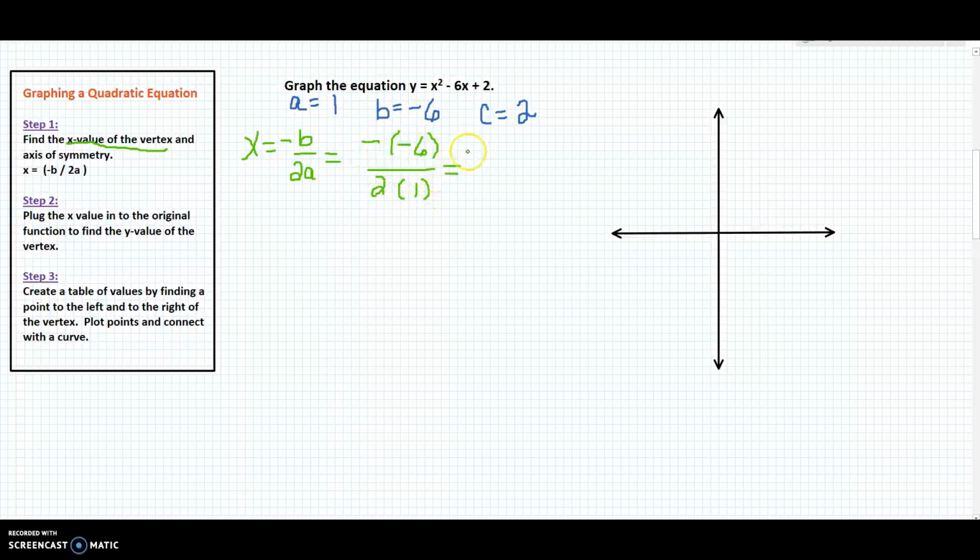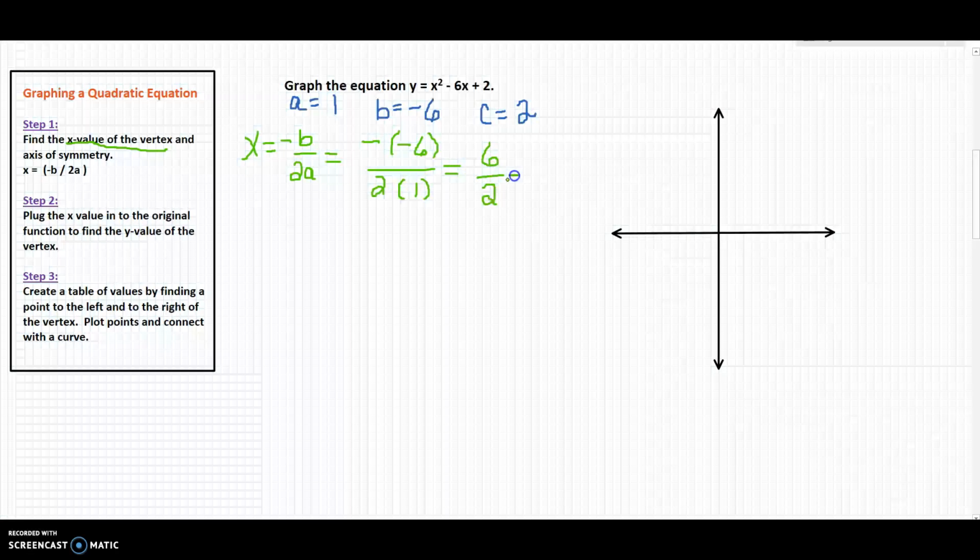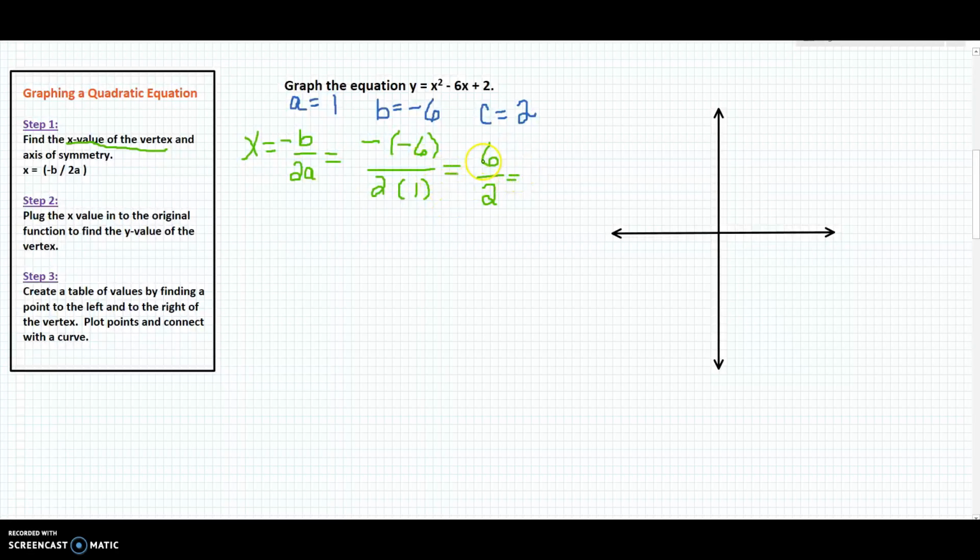So a negative times a negative gives us a positive 6, all over 2 times 1, which is 2, and we can simplify that one step further, and 6 divided by 2 is 3. So the x portion of our vertex, if we are collecting information over here, is 3.